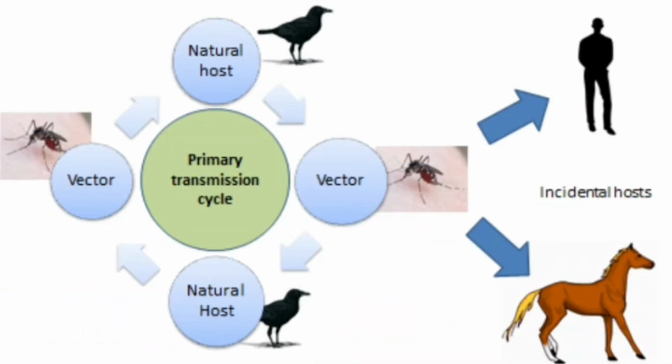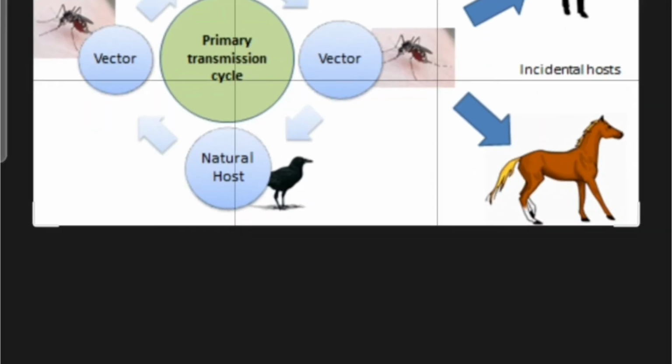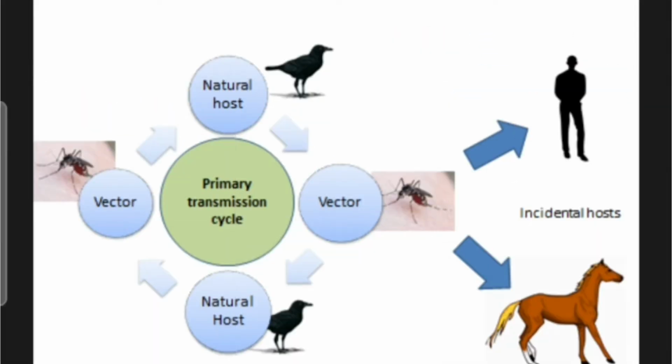So here you can see the primary transmission cycle. Here the vector is present, and here the natural host is present. From the vector it goes to the natural host, and then again to a vector.